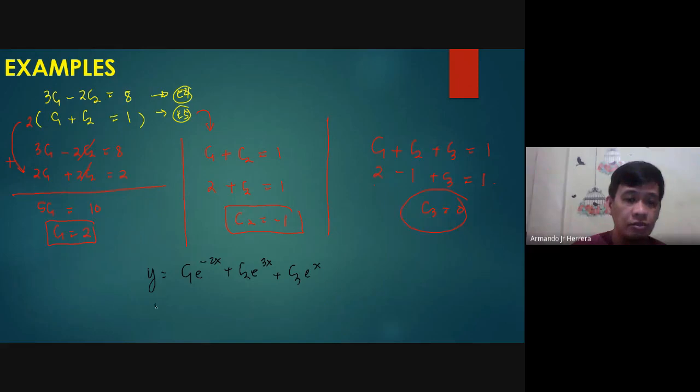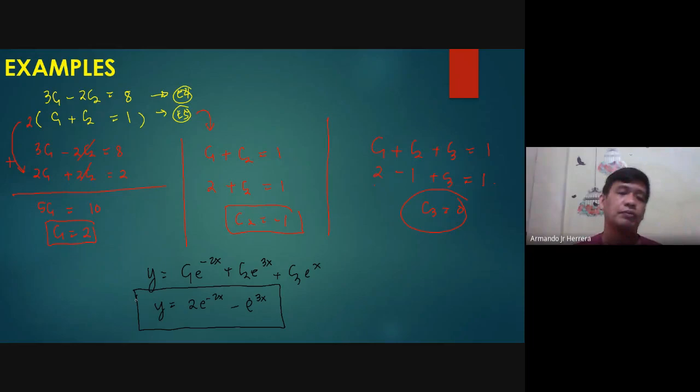Substituting, c1 is 2, so y is 2 e to the minus 2x, minus c2 is 1, which we multiply to e to the 3x, plus c3 is 0. So this will be our particular solution.